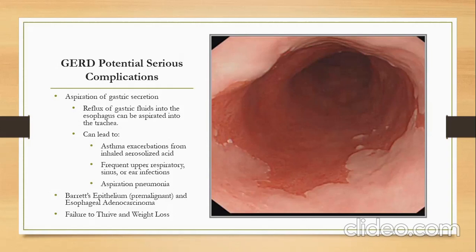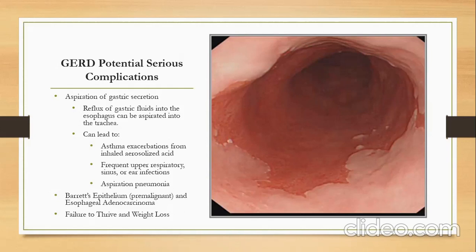Barrett's epithelium is basically like precancerous cells, pre-malignant appearance. In this picture, here's a pre-malignant Barrett's esophagus, okay? It's not pink and moist and pretty. It looks all eroded and irritated. That can easily evolve into cancer or esophageal adenocarcinoma.